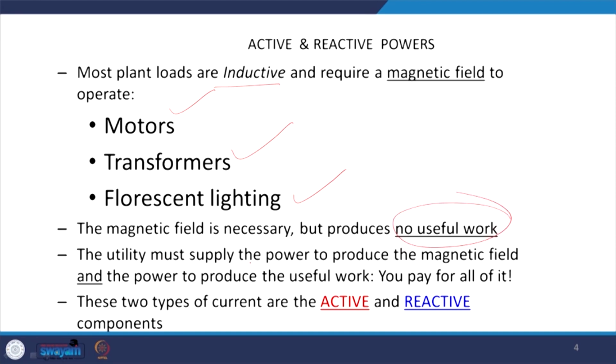The utility must supply the power to produce the magnetic field and the power to produce the useful work, and you pay for it all. So, you are required to pay for both. This type of current has active and reactive components.